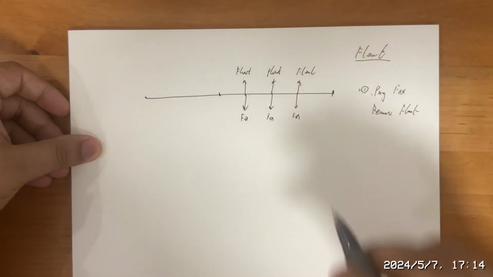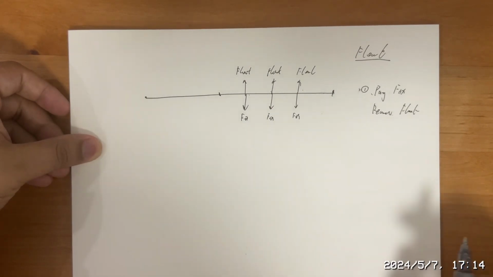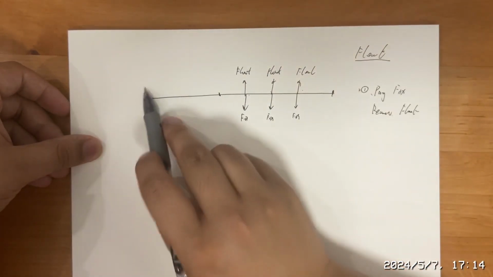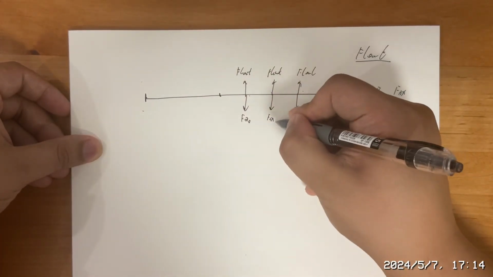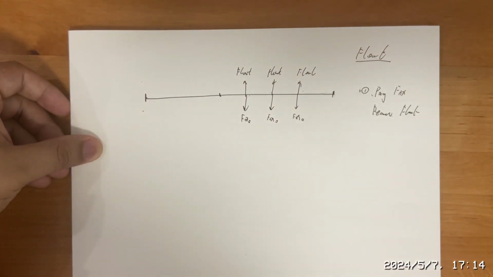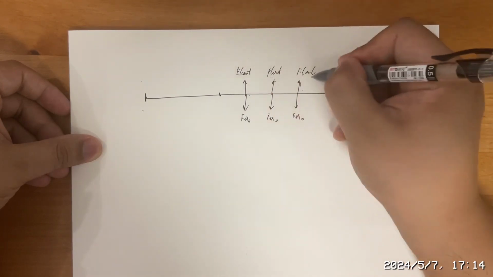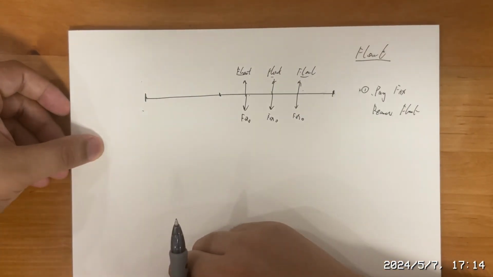Remember, everything here is the contract you set at time 0. So fix will be fix 0, fix 0, fix 0, and the float is simply float.